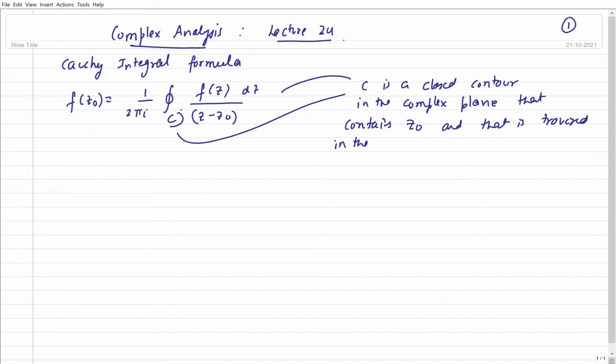So I just label it as this, in the counterclockwise direction.